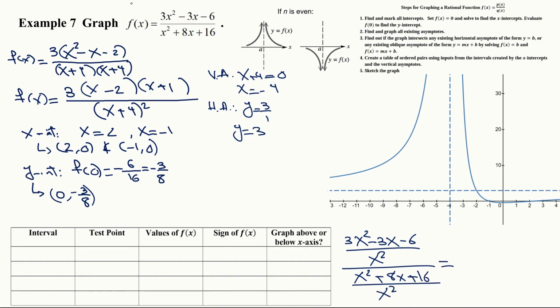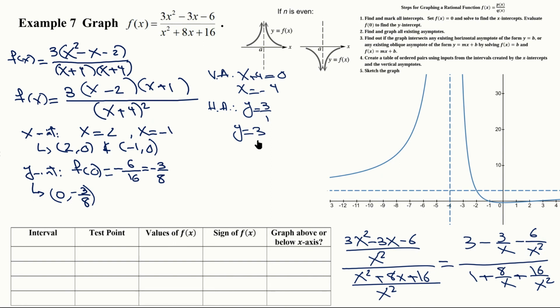On the top, you'll end up with 3 minus 3 over x minus 6 over x squared. Down below, you end up with 1 plus 8 over x plus 16 over x squared. Notice when x goes to positive or negative infinity, all four of these become zeros, approach 0, and therefore you're left with 3 over 1.